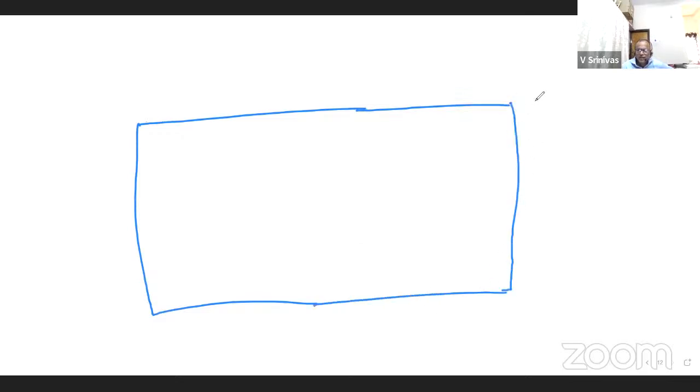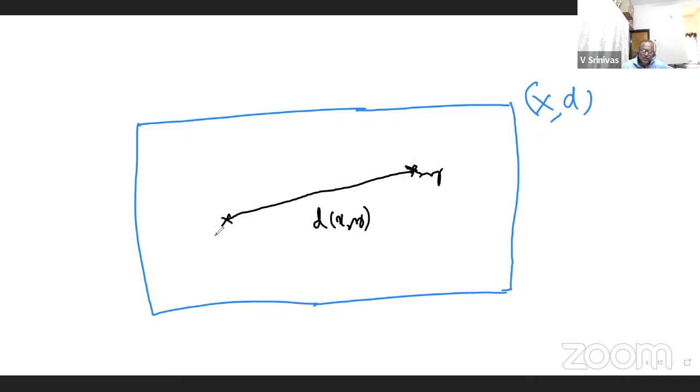If you are inside a metric space and you take any two points X and Y, the distance between them is d of X comma Y. Then you look at the open neighborhood centered at X of radius half of this. So let delta be half of d of X comma Y, and then you look at S delta.